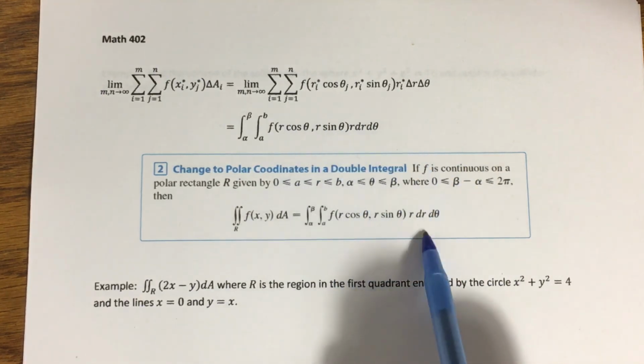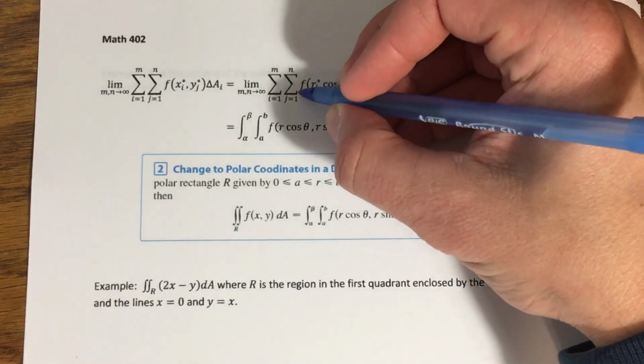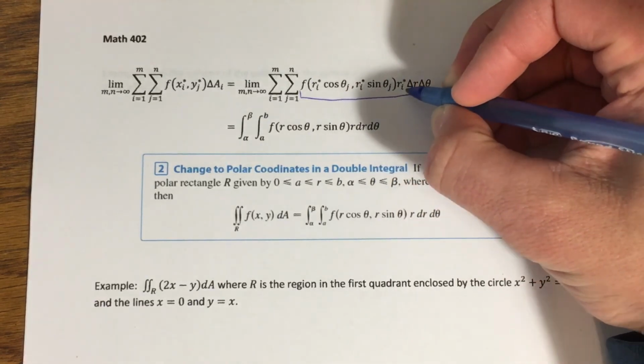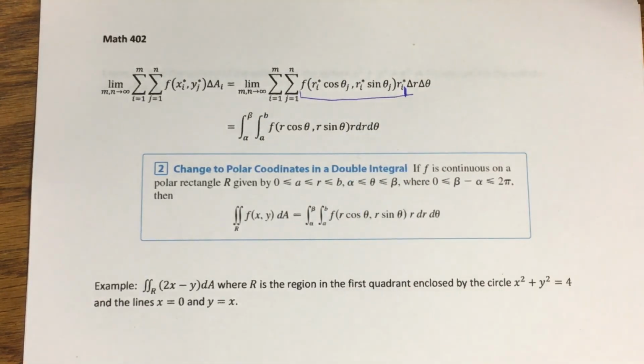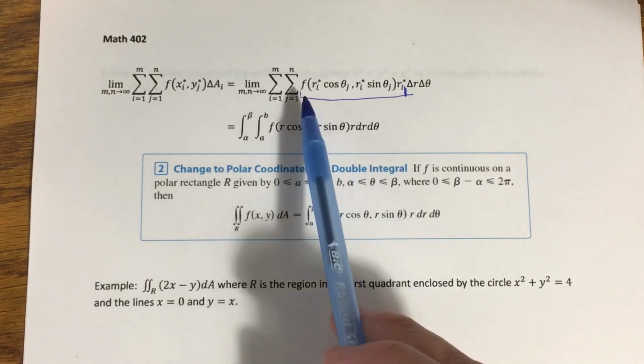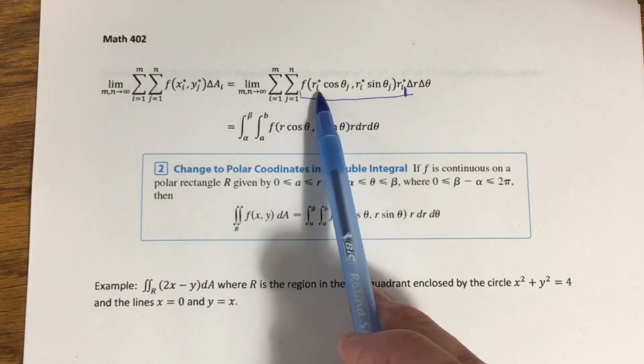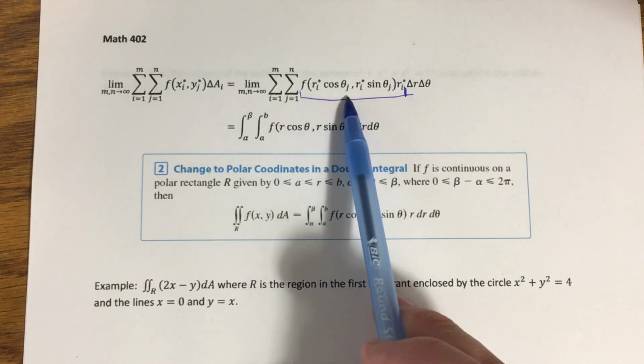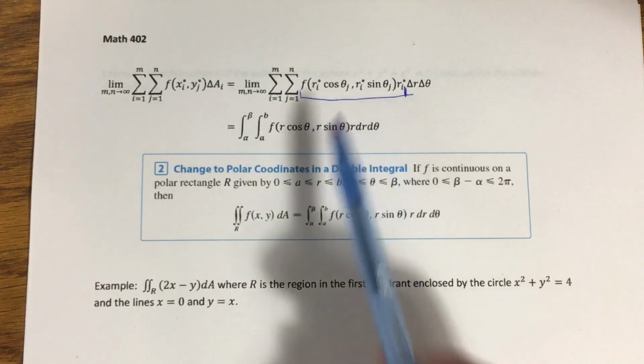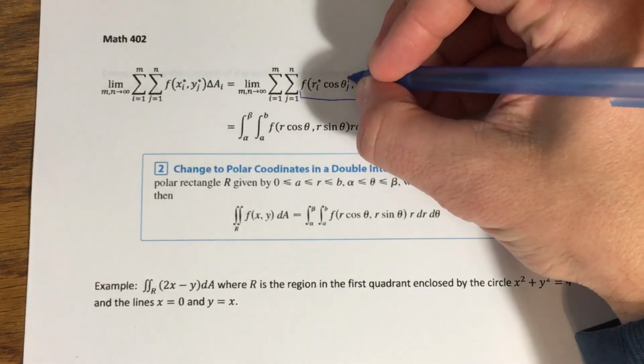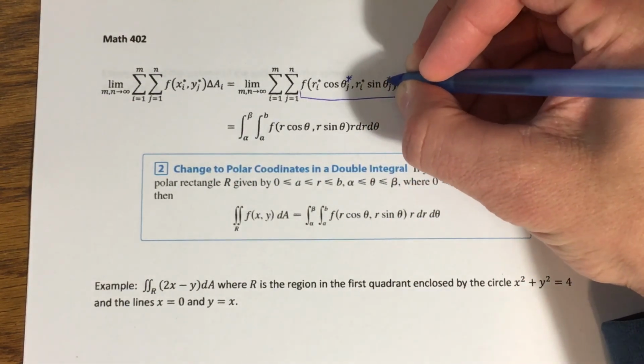This looks like a Riemann sum that I can work with. And this thing right here is the function that's going to turn into our integrand. Notice it's f of r_i star cosine theta_j, r_i star sine theta_j. I'm actually missing stars on those thetas right there.